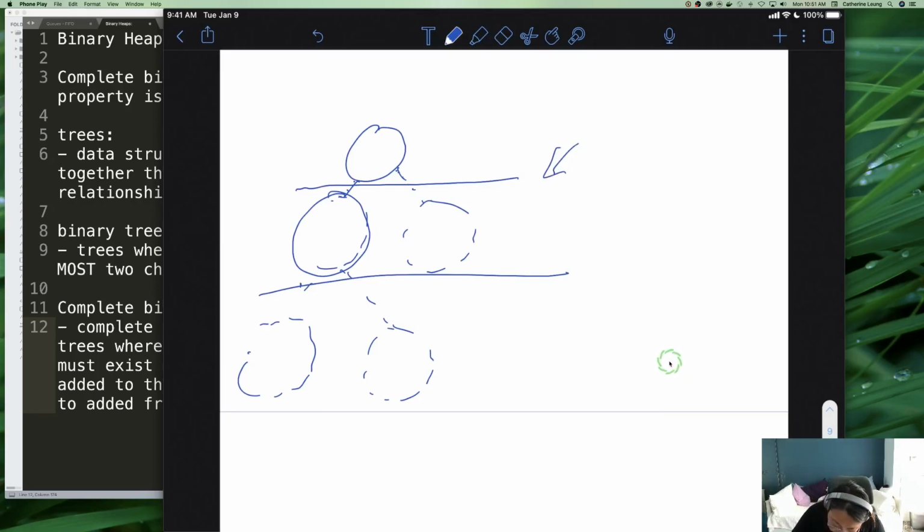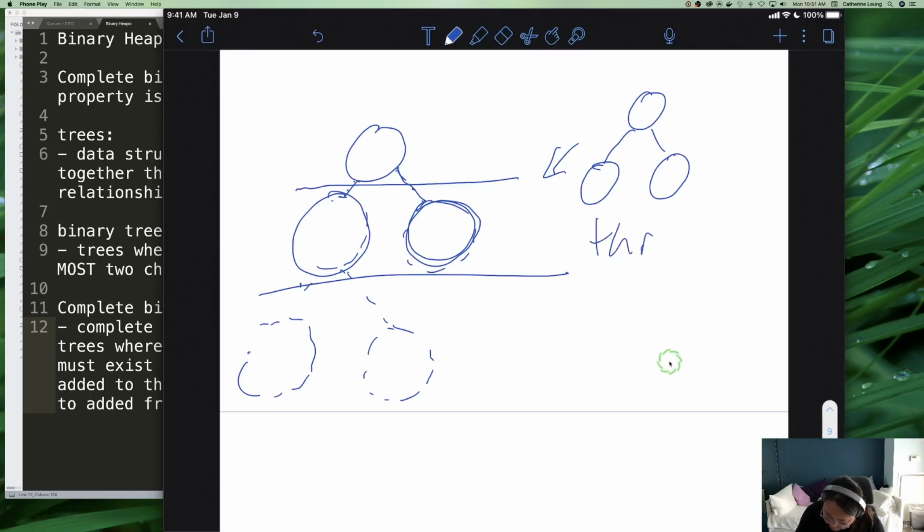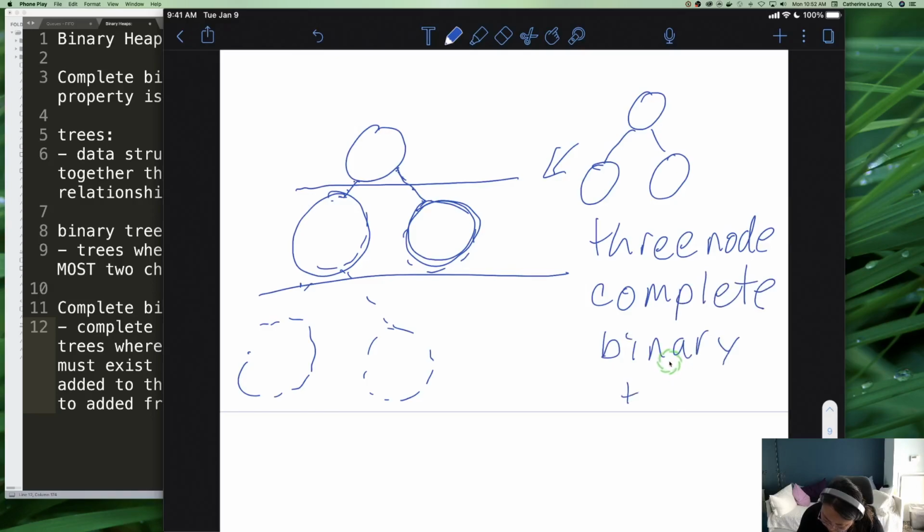So for three nodes, this tree right here with these three nodes is the only three node complete binary tree. So it's a very strict definition. Three node complete binary tree is this thing. This is three nodes and complete.